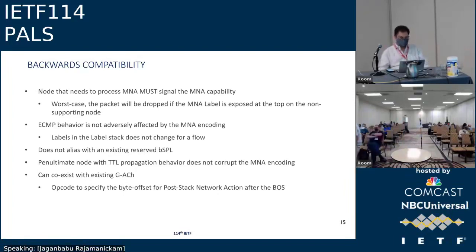Third, in our design we make sure that any of the mid nodes, legacy nodes, do not interpret our data for the base SPLs which we already defined. The fourth one is that the penultimate node with the TTL propagation behavior does not corrupt the MNA stack.